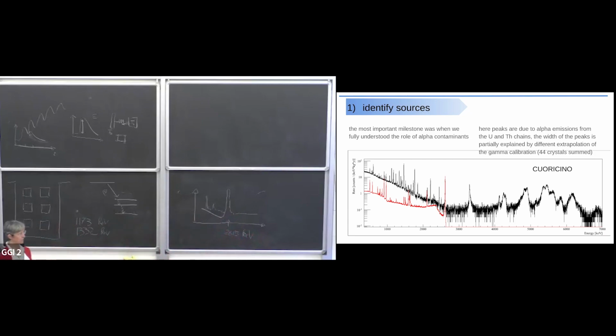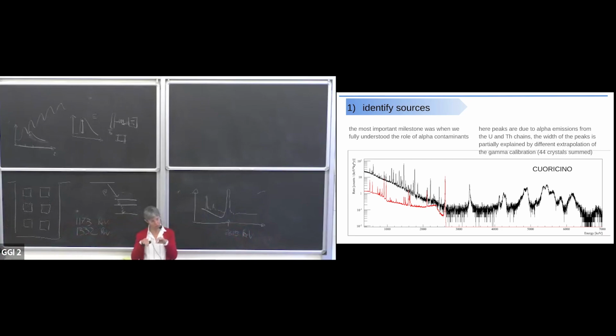And the problem is that here I sum over 44 crystals. So I have fluctuations of one crystal toward the others in the extrapolated position in energy. And so this produces an artificial enlargement of the peaks.